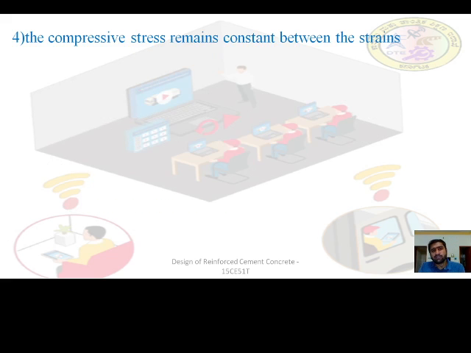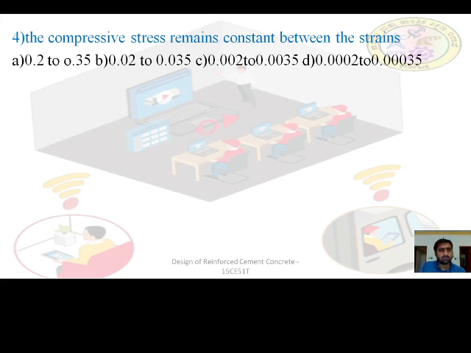Next, the compressive stress remains constant. Constant means rectangular, between the strain 0.002, 0.0025, 0.0035. So what will be the correct value? I think it's C, 0.002 to 0.0035.